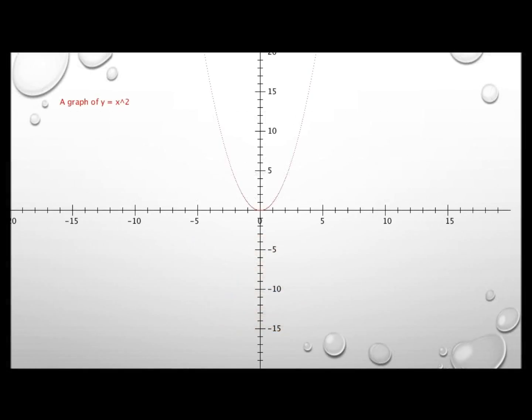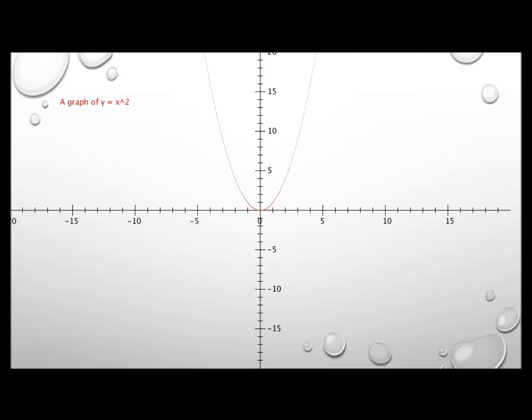The simplest parabolic curve is just the graph of y equals x squared. It's symmetrical about the y-axis, it's U-shaped, and it intersects the x-axis at x equals 0.